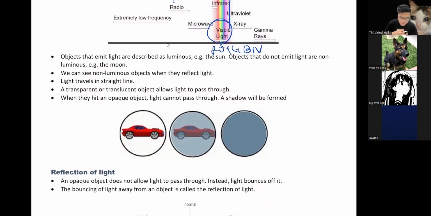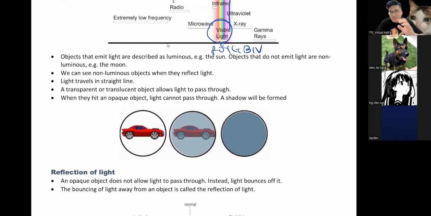So anyway, we can see non-luminous objects when they reflect light. So why is it when you switch on light in your room, you can see everything? Because when you switch on light, light will bounce off every object and enter your eye. This is how you see something. When light hits any non-transparent object, like, you know, transparent is like glass.